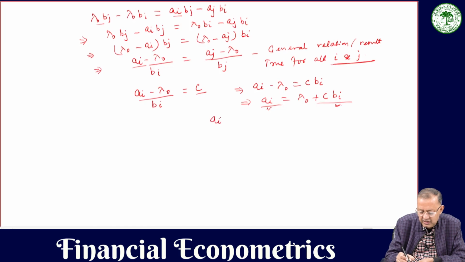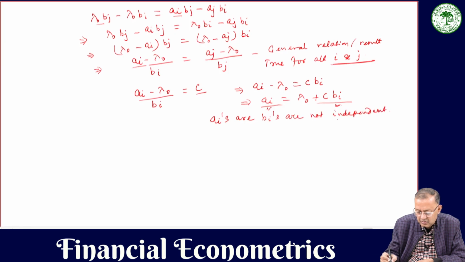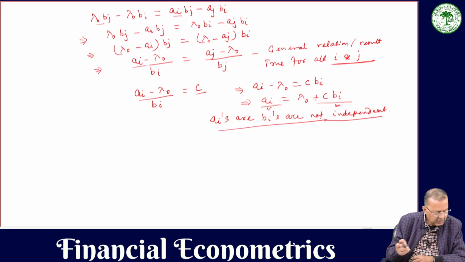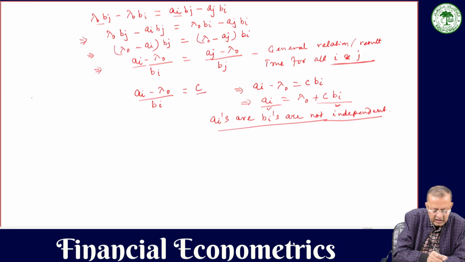This means AIs and BIs are not independent. From here we can write down the original equation: I had written AI plus BI F. So Ri bar is equal to AI plus BI into F bar.